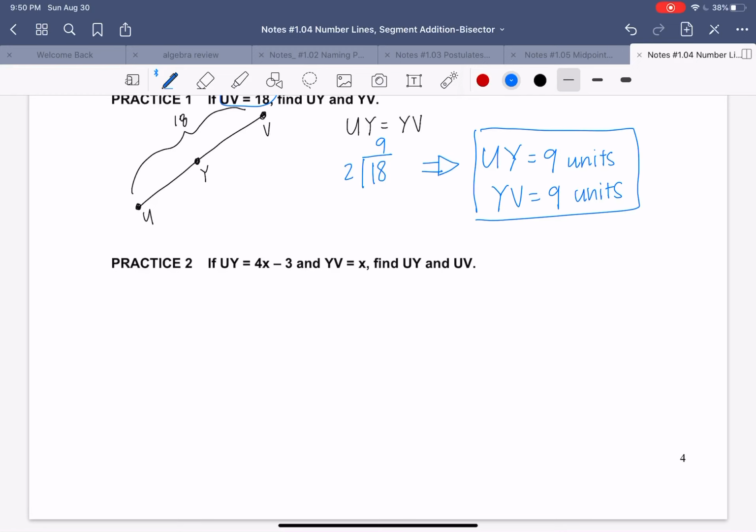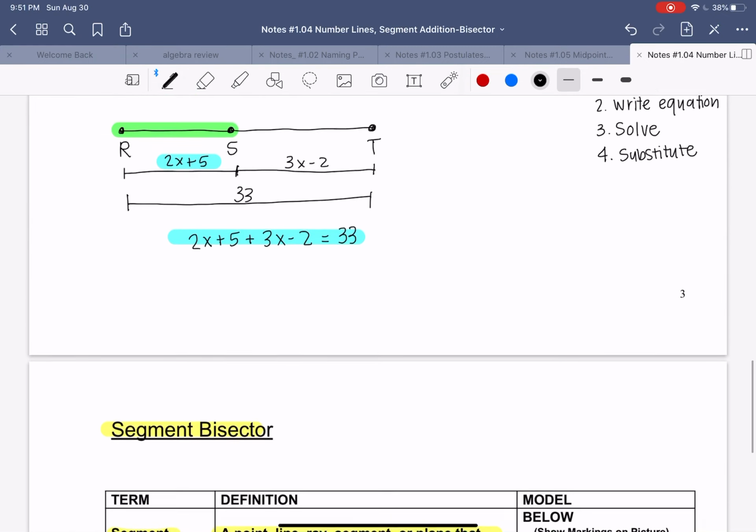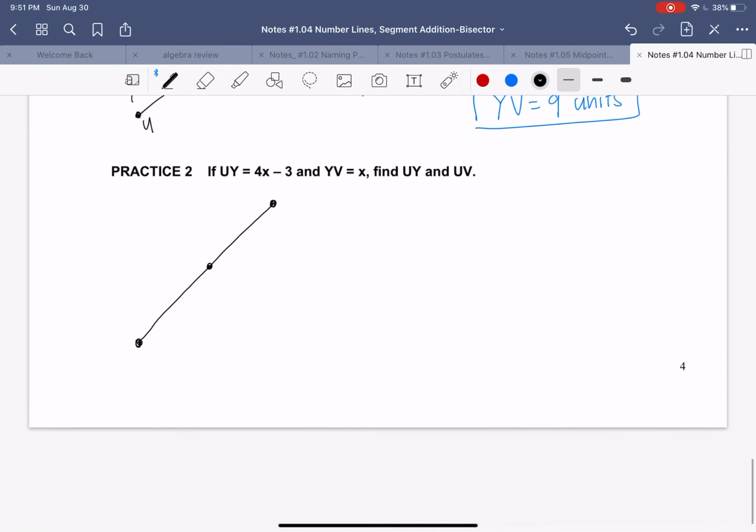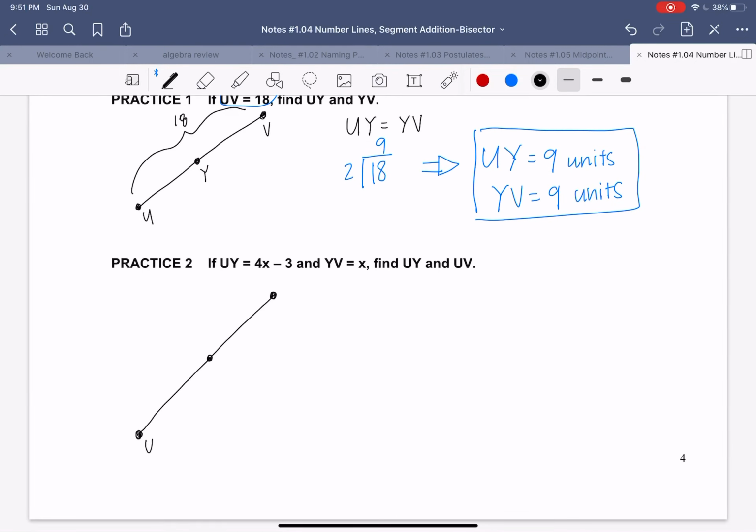All right, again, I'm going to redraw my picture. And this is sort of how you will solve that last one I let you do on your own, like solving and substituting. This is kind of an idea of how that goes. Okay, U, Y, V. I drew my most important part.